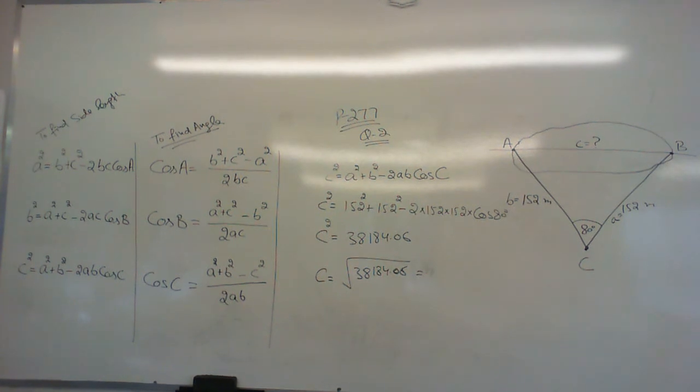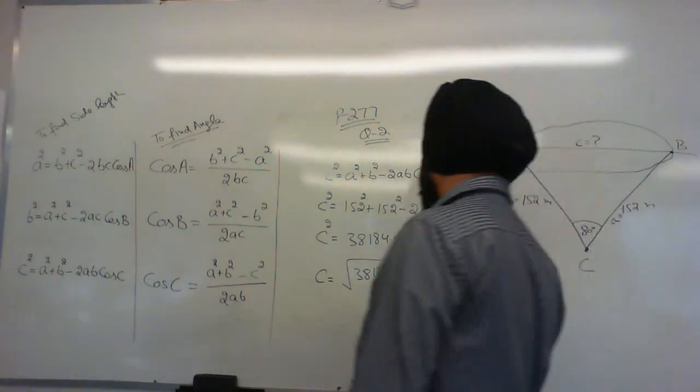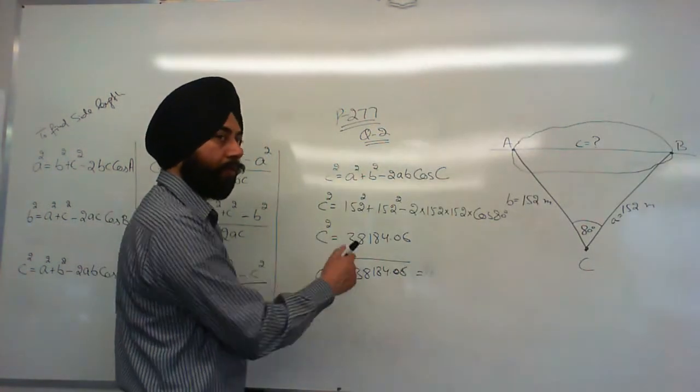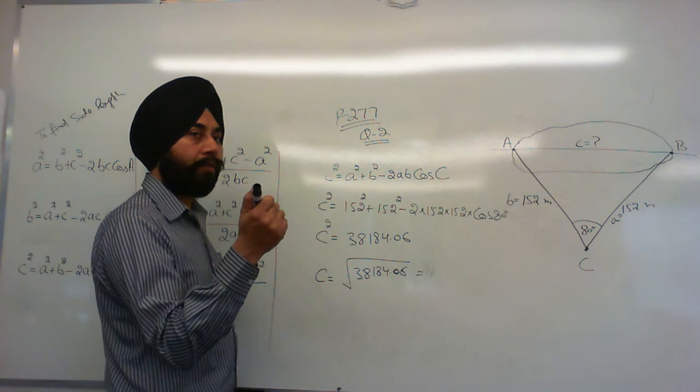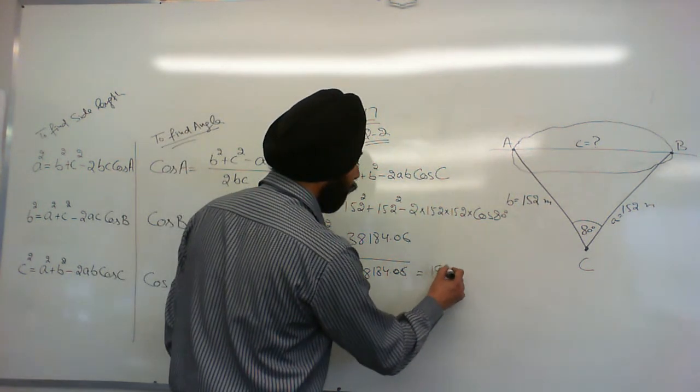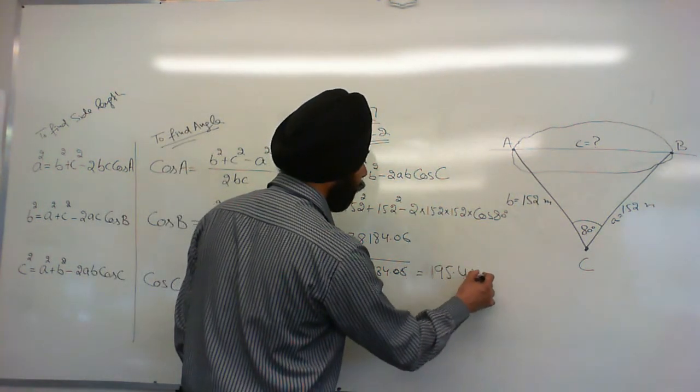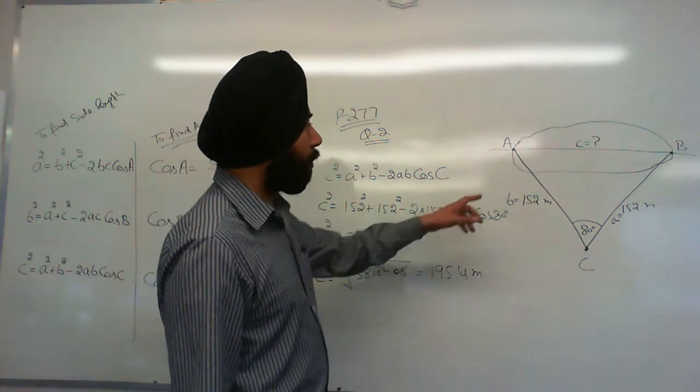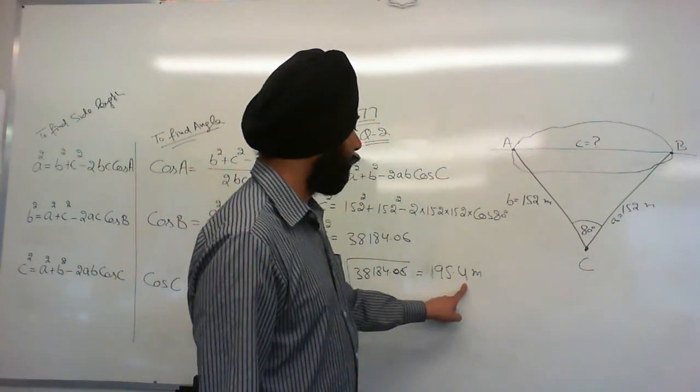That's what we got there. Oh, then I did it right. Yeah. And then you find the square root of this. What was your answer? 195.4 meters. So that means the pond width is 195.4 meters.